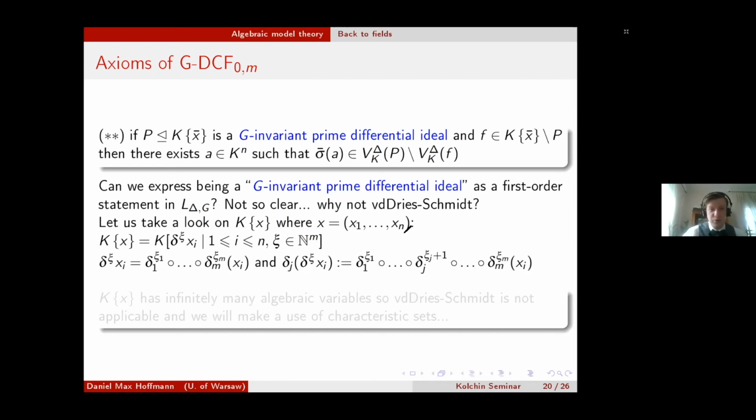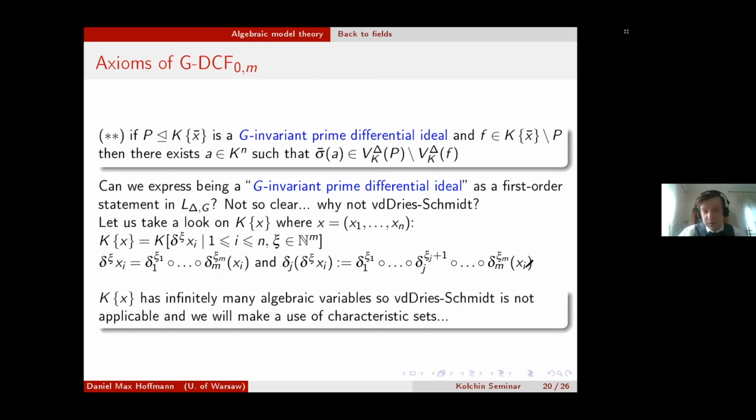Just take Xi, some variable, and then write the formal derivatives. And in a natural way, you extend the derivations, the differential structure, on this ring. But because you are allowing derivatives with no bound, you have infinitely many algebraic variables, so you cannot use the Van den Dries-Schmidt result.